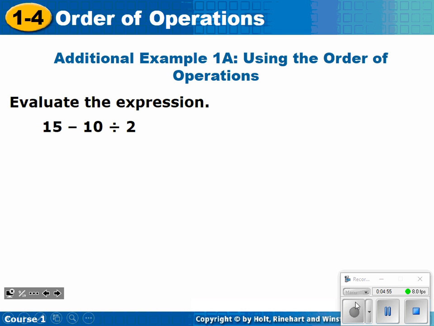Because I know that there's a lot of you in this room that can look at that right now and have no problem telling me that the answer to that is 10. You go, oh, that's 10. But you know what? I need you to do it one step at a time, because otherwise you're going to run into problems that look like this. 7 to the third times 5 plus 16 times 32.